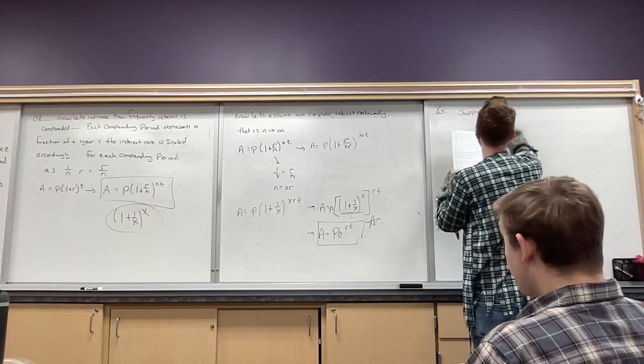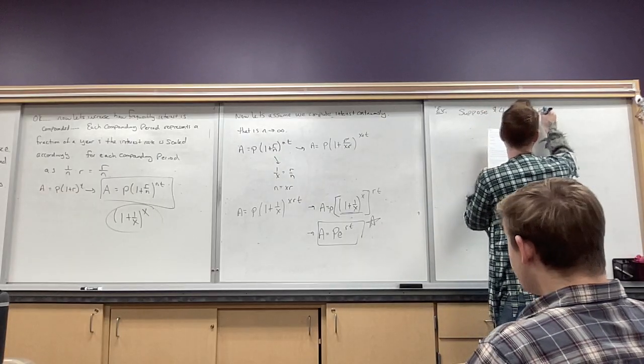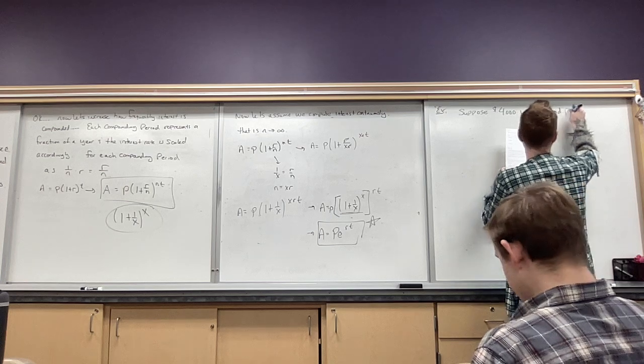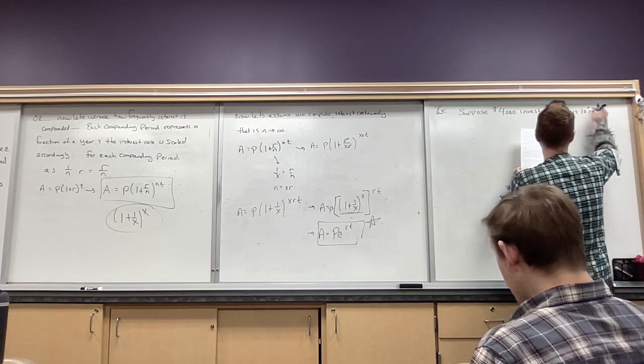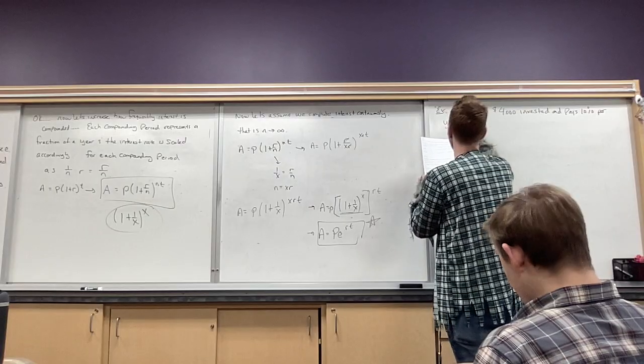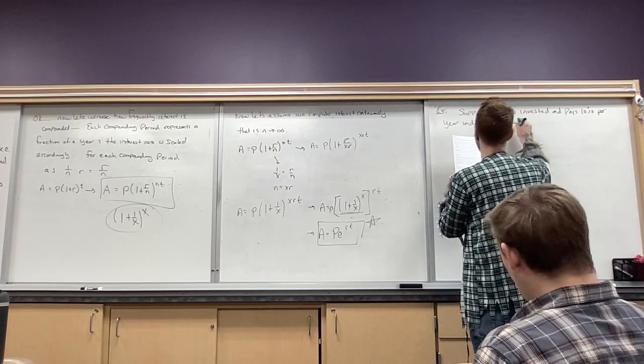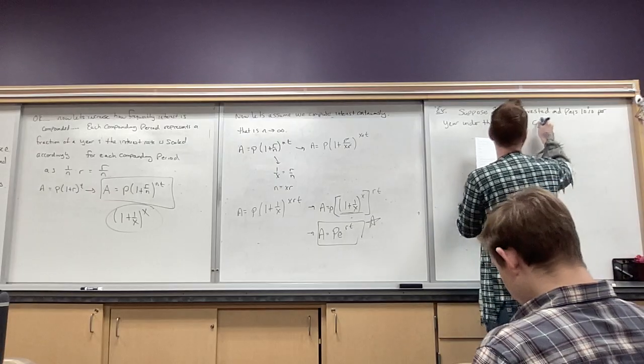So suppose 4,000 is invested and it pays 10% per year. That's pretty good. Under the following compound options.